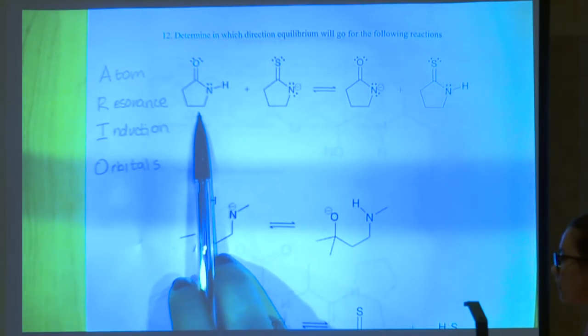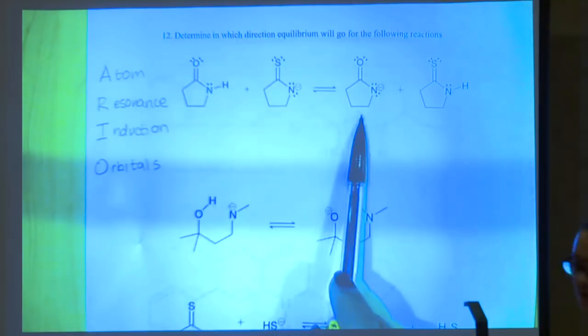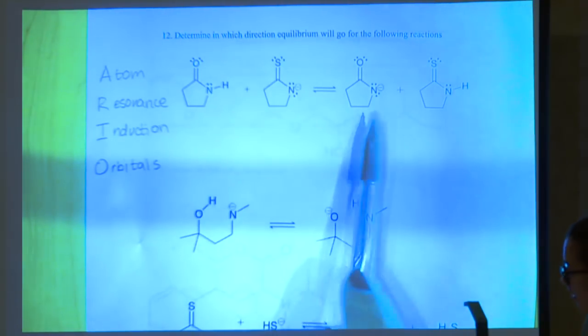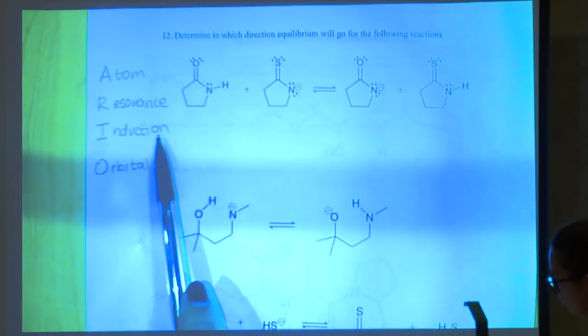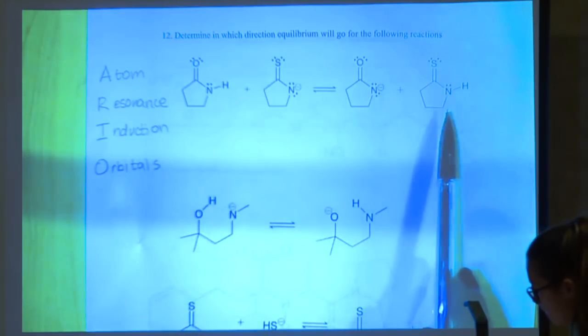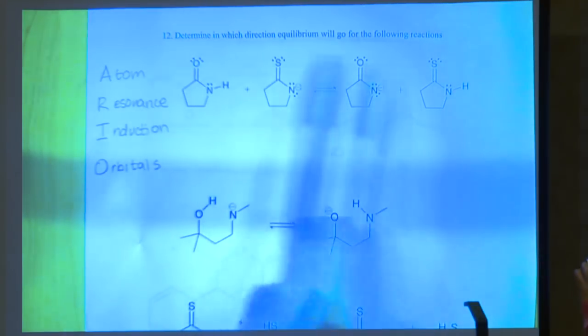So what's the conjugate base of this one? Which one? Yeah, so this one here, right? Okay, and then the conjugate base of this one will just be this one, right? So these are the ones we want to look at. So atom. Does our atom differ between the two? It does? Remember what atom we need to look at for that first part.